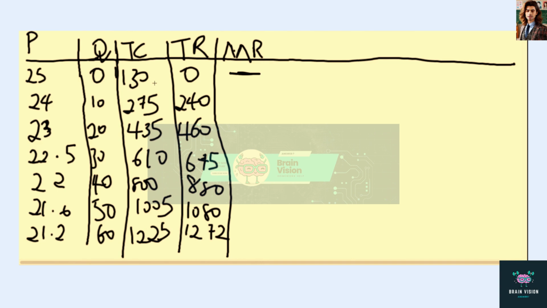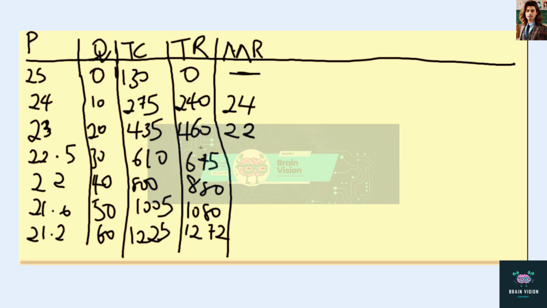The second row will have 240 minus 0 divided by 10, which is 24. The next one is 460 minus 240 divided by 10, so that's 220 divided by 10, which is 22.